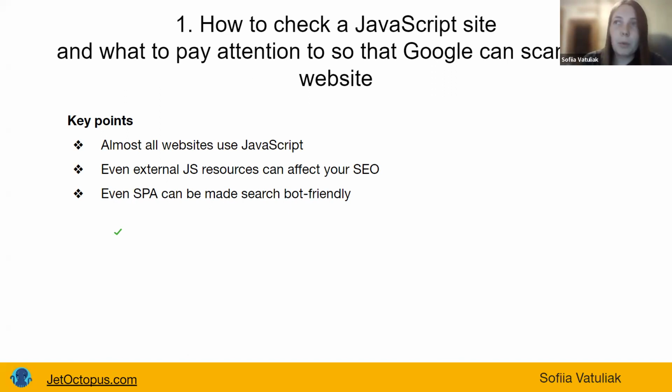And even if you have a single page application, if you use this technology on your website, you can make a single page application website Googlebot and other bot friendly.